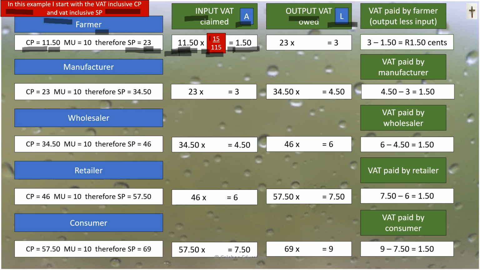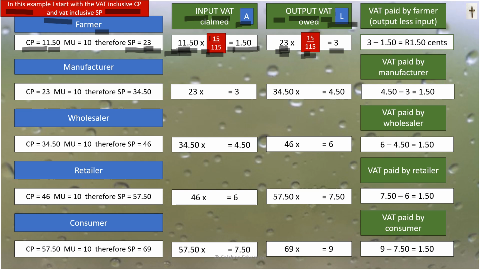Likewise, when we calculate the output VAT, we take the selling price inclusive of VAT in this example, and we multiply by the VAT fraction. So the selling price inclusive of VAT multiplied by the VAT fraction is equal to 3. Now we have the output VAT amount and the input VAT amount.